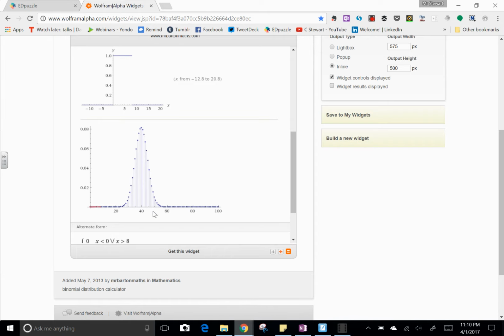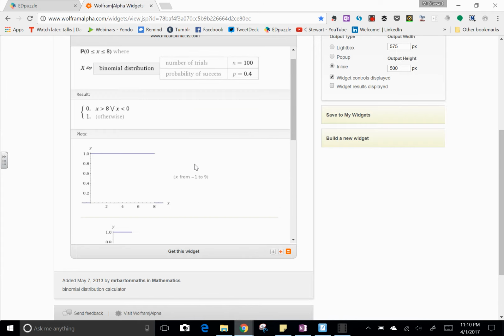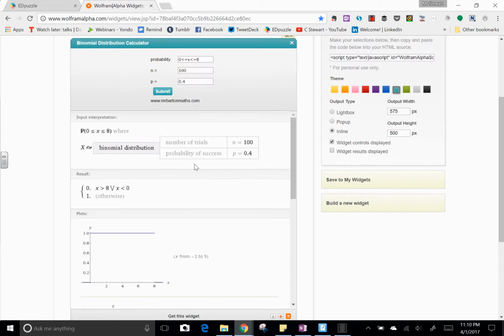Okay, so the greatest probability here has been shifted to the left. It's now just approaching, I guess 40 would be the success rate here, okay, or 40% of 100.